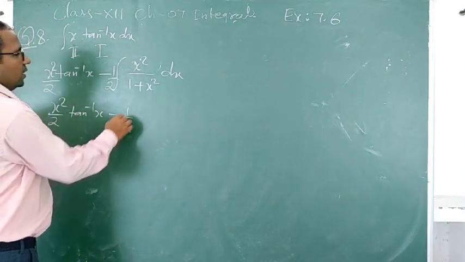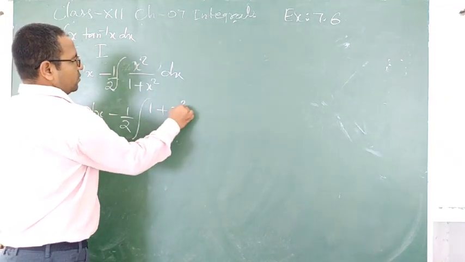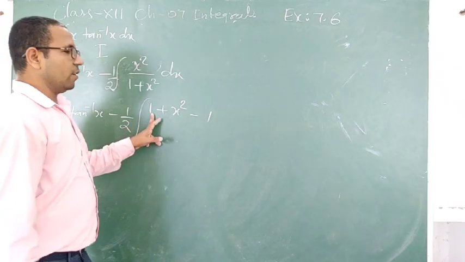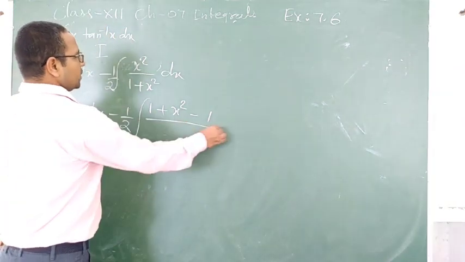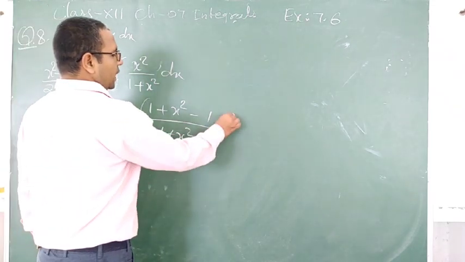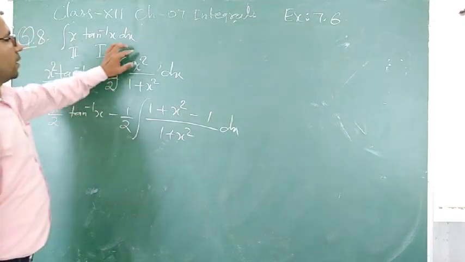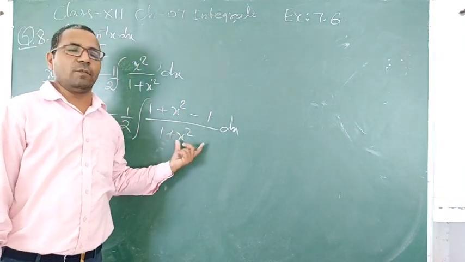Now 1 by 2 integral, this can be written as 1 plus x square minus 1. We are adding 1 in the numerator and subtracting 1, and in the denominator we get 1 plus x square. Why are we doing like this? Because we do not know the integral of x square upon 1 plus x square. That's why we are making it in this form.